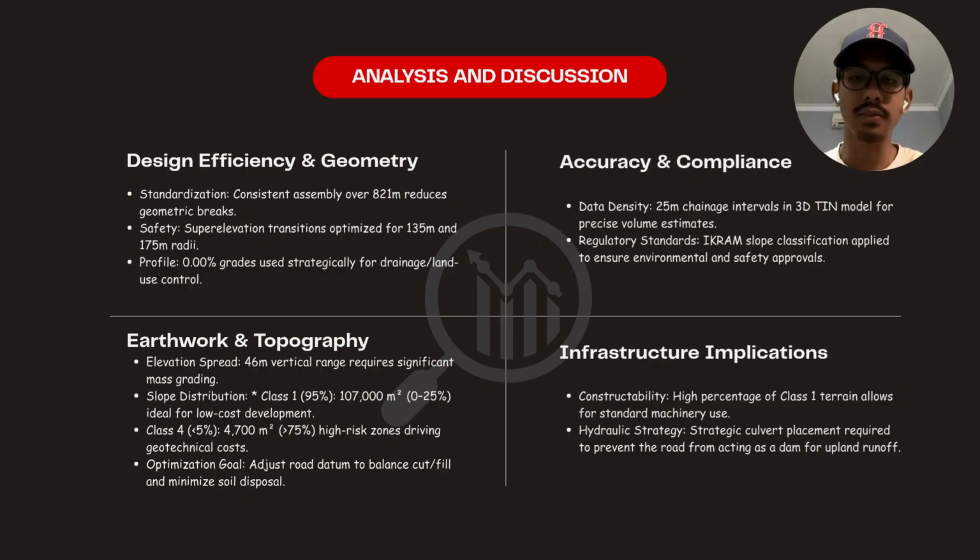For geometry and safety, to handle tighter curves, specifically our 135 and 175 meter radii, we have modeled precise superelevation transitions. This ensures vehicle safety against centrifugal force while maintaining a level 0% grade where needed for drainage control.